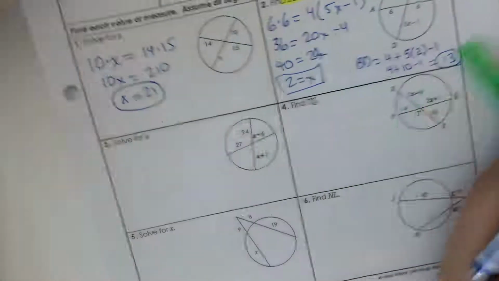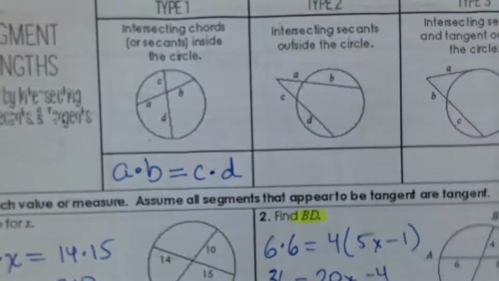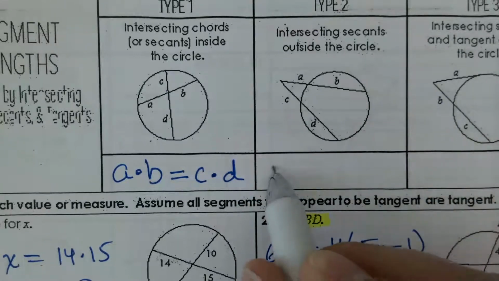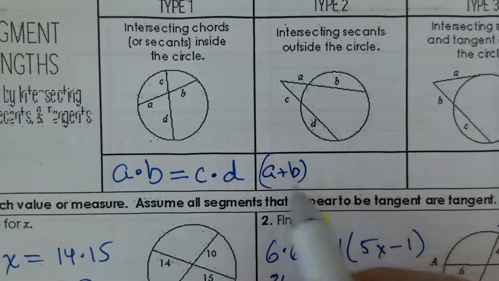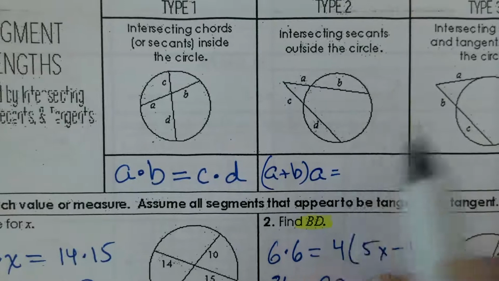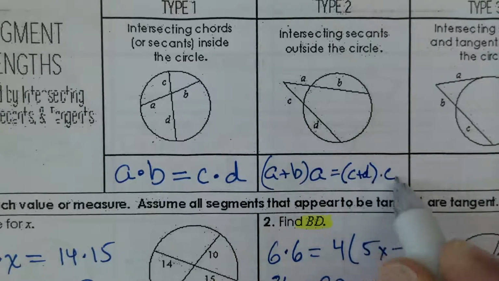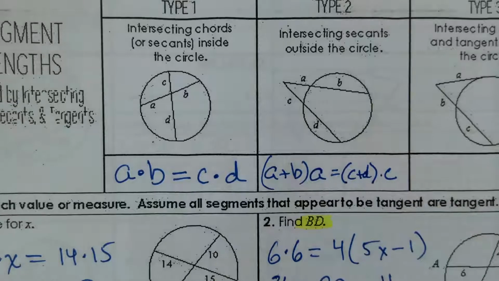I'll give you that format of it. Here in the notes, we can see that what we're saying is that A plus B times A is C plus D times C. That's the formula, but it only works if you've got the letters just that way.